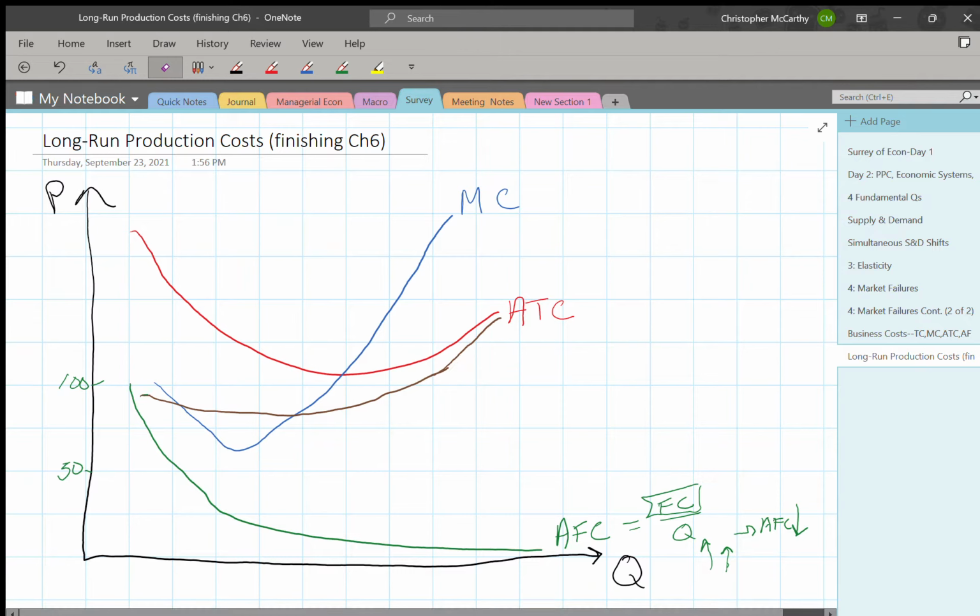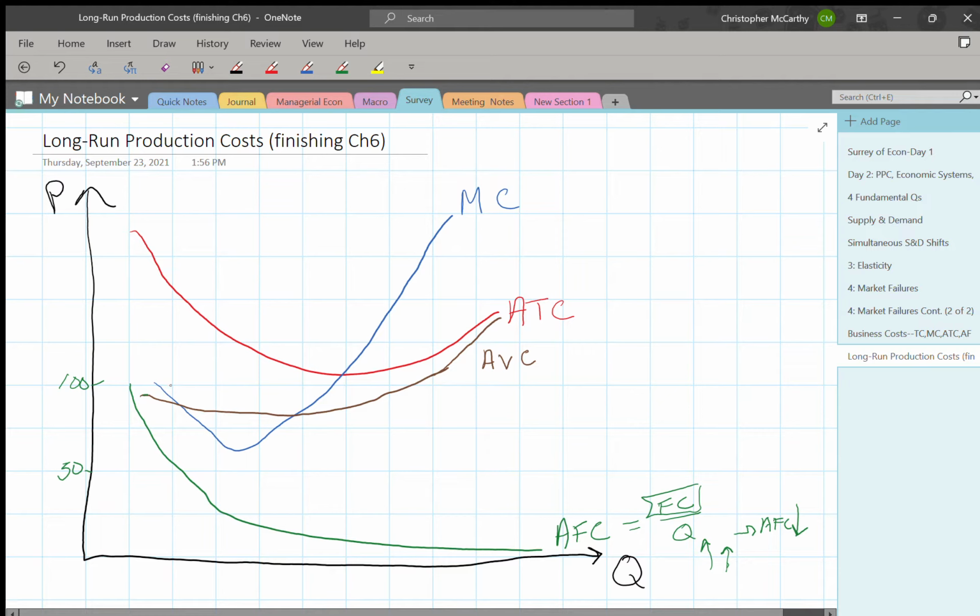So this average variable cost, we know it's just our variable cost divided by our quantity. But the thing we need to keep in mind, the thing we need to see in this graph, and hopefully I drew this well enough, is that, well, it's good right here, so we'll use this one.